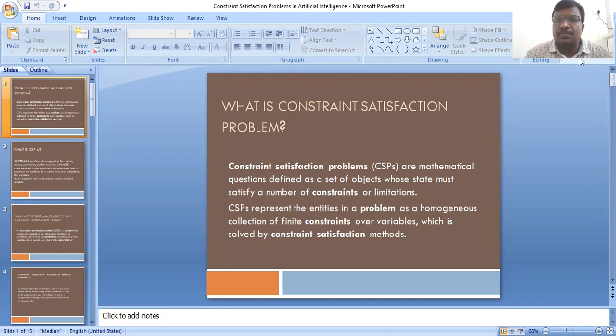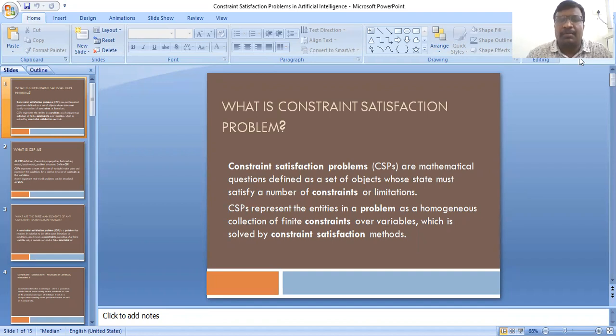That means CSPs are mathematical questions defined as a set of objects whose state must satisfy a number of constraints or limitations.